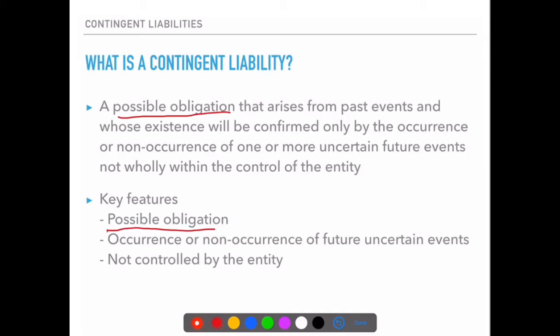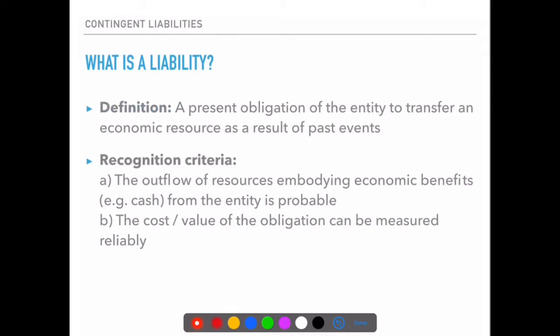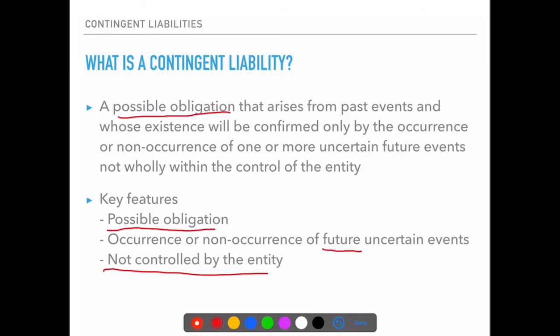And the occurrence or non-occurrence is dependent on a future event, and it's also not controlled by the entity. So this is not a liability because the definition of a liability is that it's a present obligation. However, for a contingent liability, in this case, it's a possible obligation.